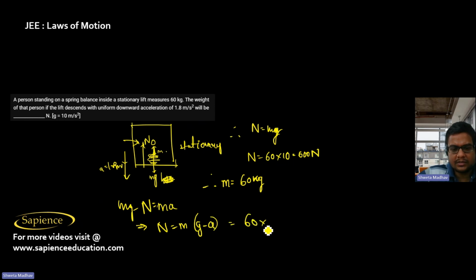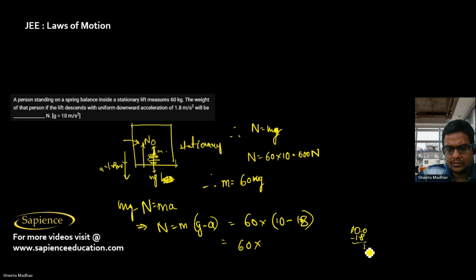So mass is 60 kg into g is 10 minus acceleration, that is 1.8. This will be 60 into 10 minus 1.8, which is 8.2. 60 into 8.2, that is 6 into 82.